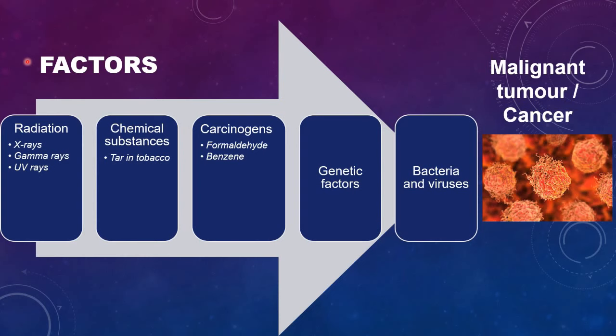Cancer is caused by several factors, such as radiation, for example X-ray, gamma rays, and UV rays; chemical substances such as tar in tobacco; carcinogens such as formaldehyde and benzene; genetic factors; and also bacteria and viruses. This will cause the cells to divide continuously and develop into a tumor.